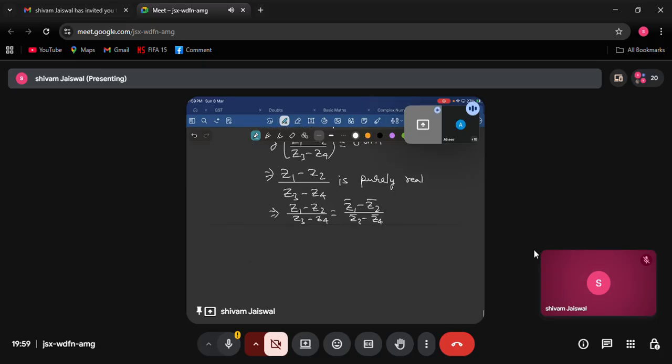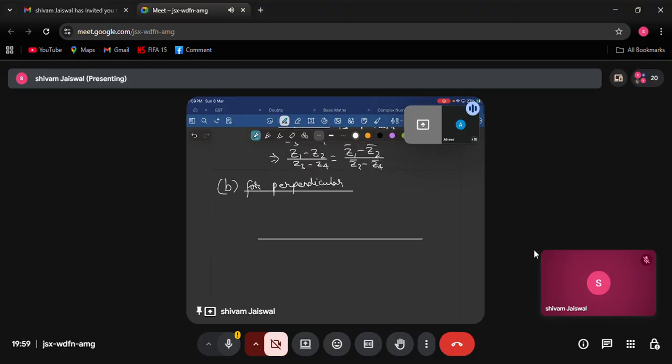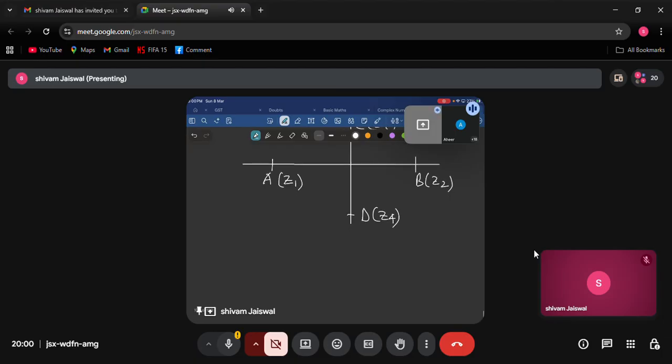Next, for perpendicularity, what will happen? Two lines are perpendicular to each other. One is A Z1, B Z2. Another line is C Z3 and D Z4. These two straight lines are perpendicular to each other.